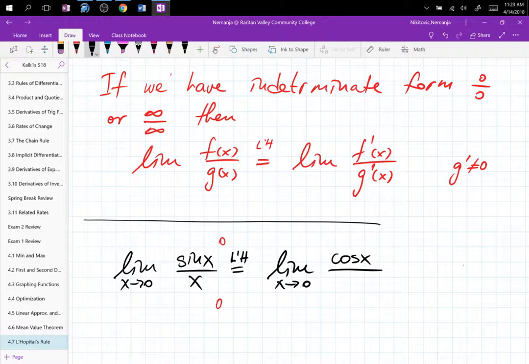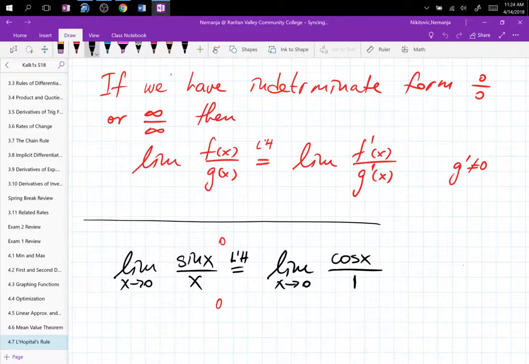and you take the derivative of x, which is 1. So now you consider this problem. Now, in some cases, you will have to do L'Hopital's rule again.